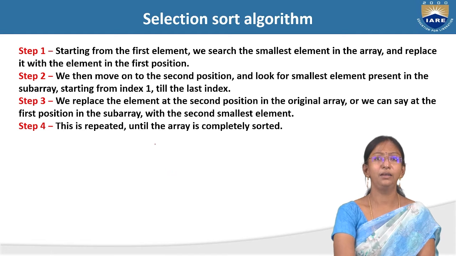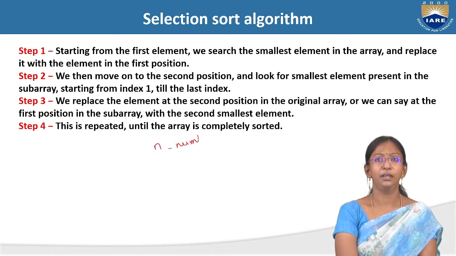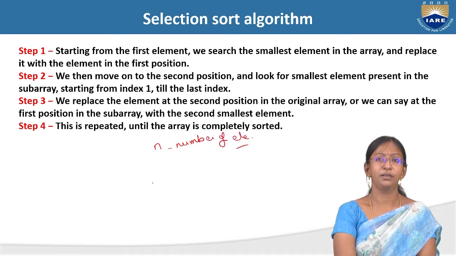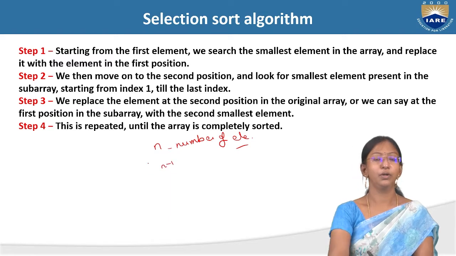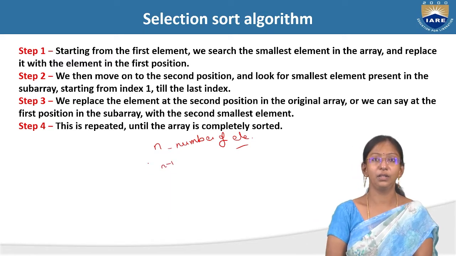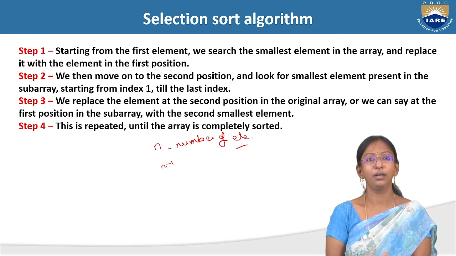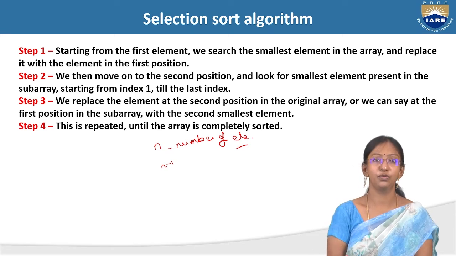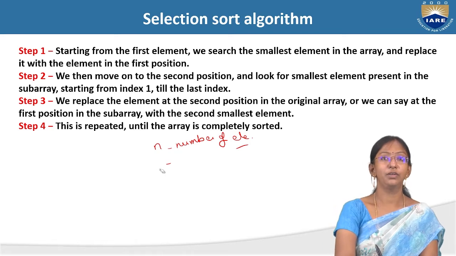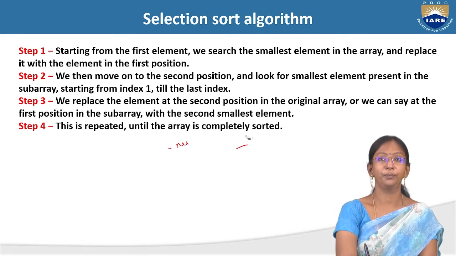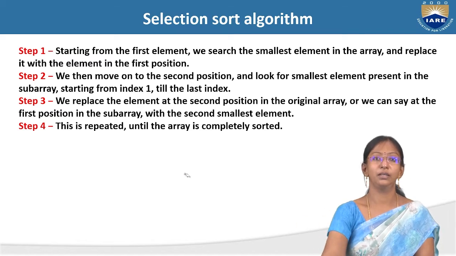If you have n elements in your list, how many times do you have to run? n minus 1 times, because in the nth time, there will be only one element and it will be at its right position. There is nothing to compare. So n minus 1 iterations it is going to take. This is the simple selection sort algorithm.